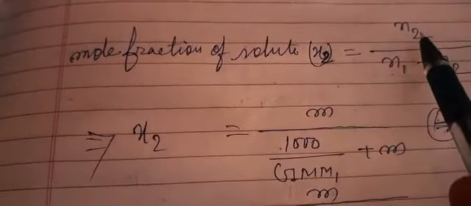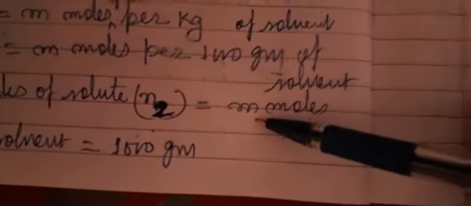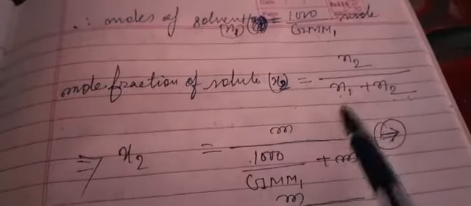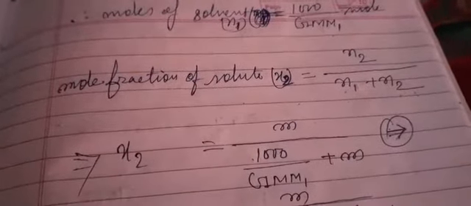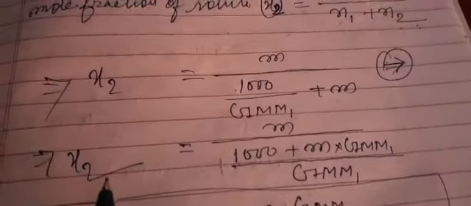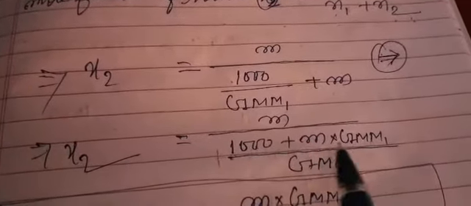The value of N2 is M, and the value of N1 is 1000 by GMM1. Putting both values in this formula and rearranging it, we get X2 equal to M by 1010.